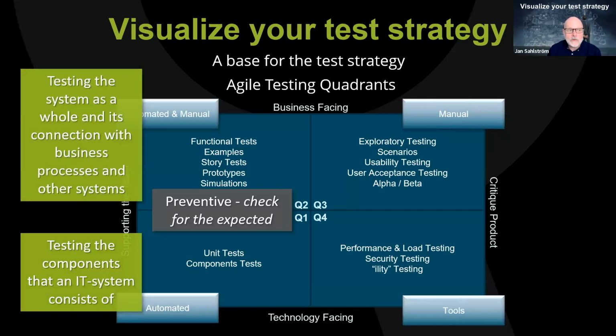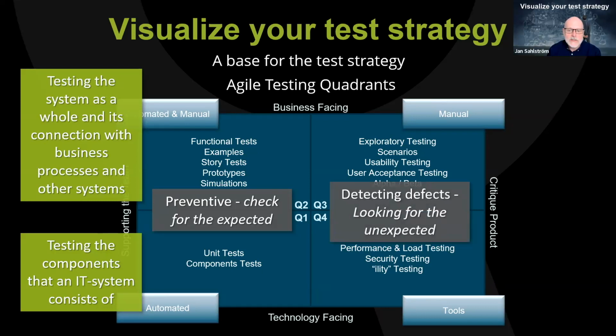In the next quadrant, you're testing the system as a whole: functional testing, story testing, simulations, etc. This is usually a mix of automated and manual tests. And then you have the right-hand side where you do the traditional testing, detecting defects, looking for the unexpected, things that make things not tick as you expect.